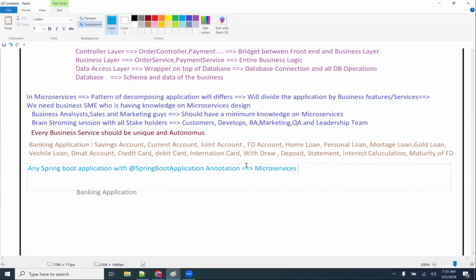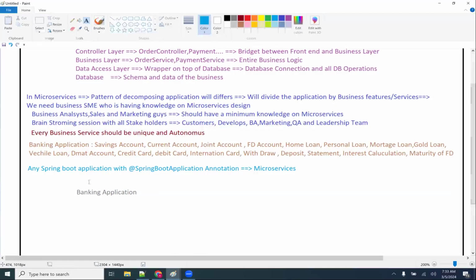I'm talking about Spring Boot in Java as well as .NET Web API, as well as PHP. Any application you take, an independent service, it should be independent. So in Spring Boot, a Spring Boot project with @SpringBootApplication is called a microservice.